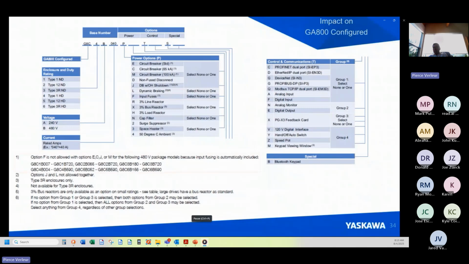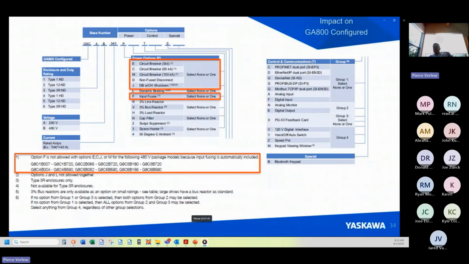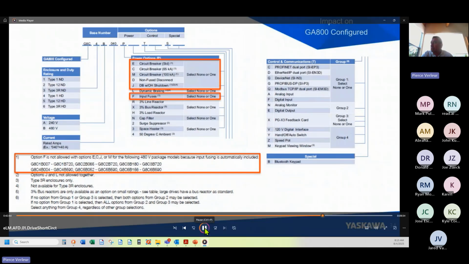We make notes of this throughout our selection guide and throughout our price books. I'm not going to ask you to study that now, but just be aware that in many cases, when ordering a circuit breaker, it automatically comes with fuses, and therefore you can't actually choose option F. It automatically includes it.